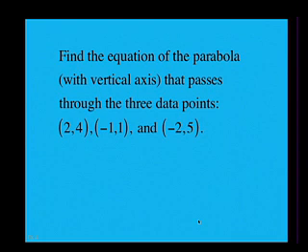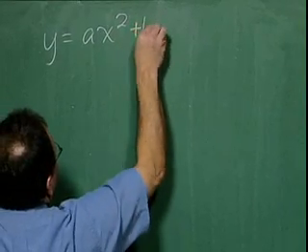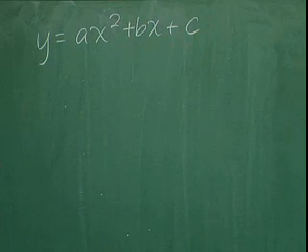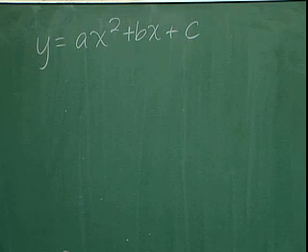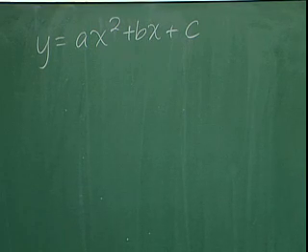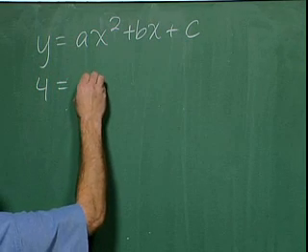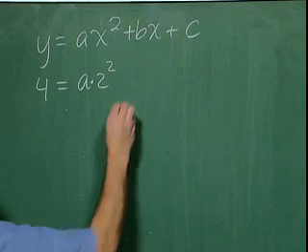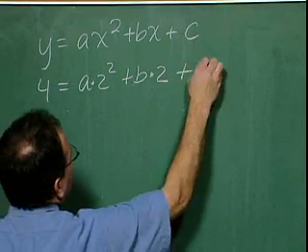And what we would do is substitute each of the ordered pairs into that equation. So let's take a look at that. Y equals ax squared plus bx plus c. And I would take my first ordered pair, which is 2, 4. 2 is x, 4 is y. So this would be 4 equals a times 2 squared plus b times 2 plus c.